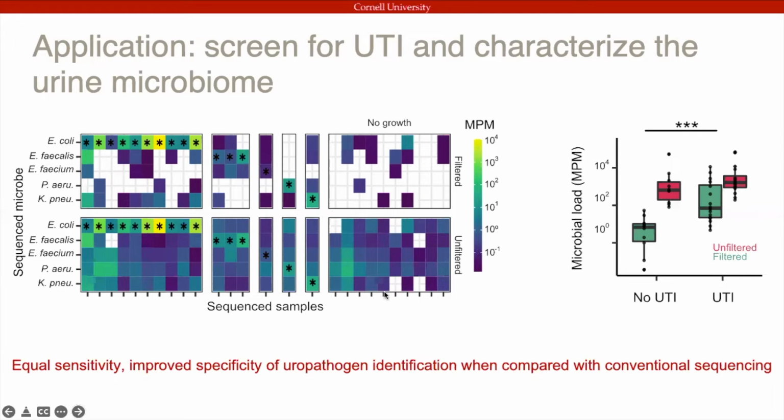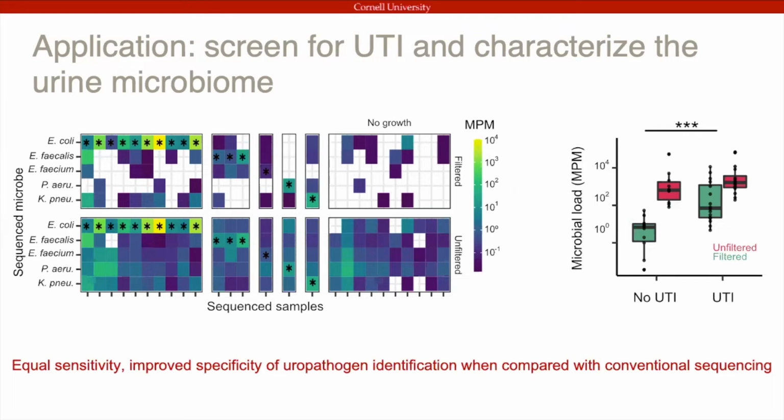On the bottom here are the unfiltered samples, and you can see that we're specific and sensitive to all of the pathogens identified by urine culture, indicated by the black stars. After filtering, we're still equally sensitive to all the pathogens identified by culture, but we're more specific to only identifying those in the sample.